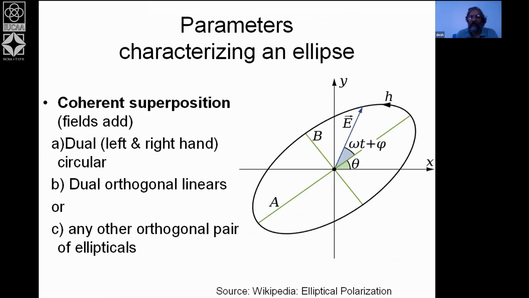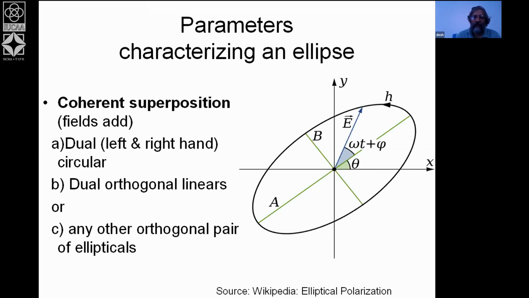How do we understand what leads to this elliptical shape? It is a coherent superposition of two orthogonal states of oscillation. If you were to take plane polarized light, in the xz plane and yz plane separately, and were to do a coherent superposition of it, then you will find that it will trace an ellipse, much like the Lissajous figures that you would have seen on an oscilloscope.